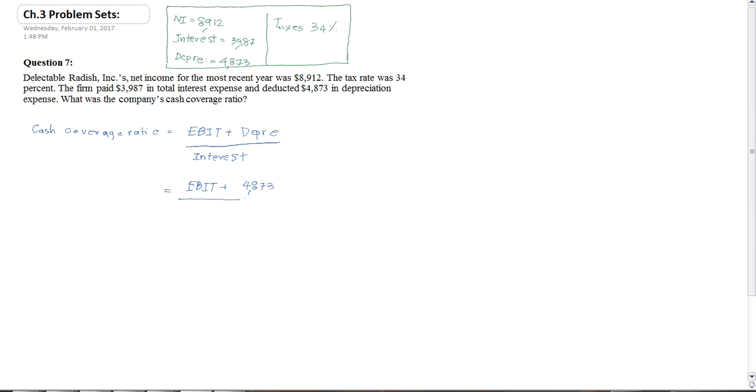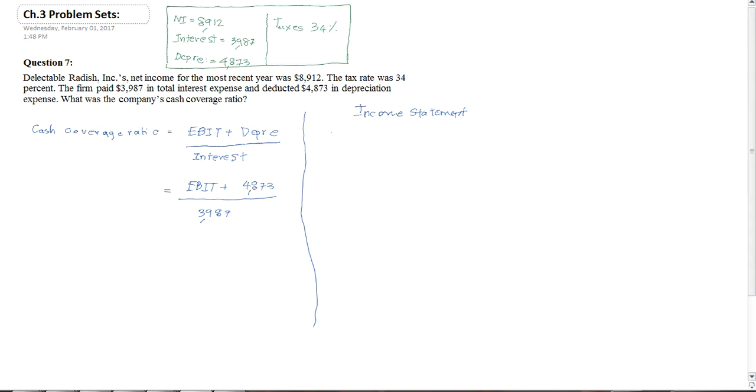So I put depreciation and I put interest, 3987. So how can we find EBIT? It looks like we have to start forming the income statement from the information that we have in order to find the earnings before interest and tax.